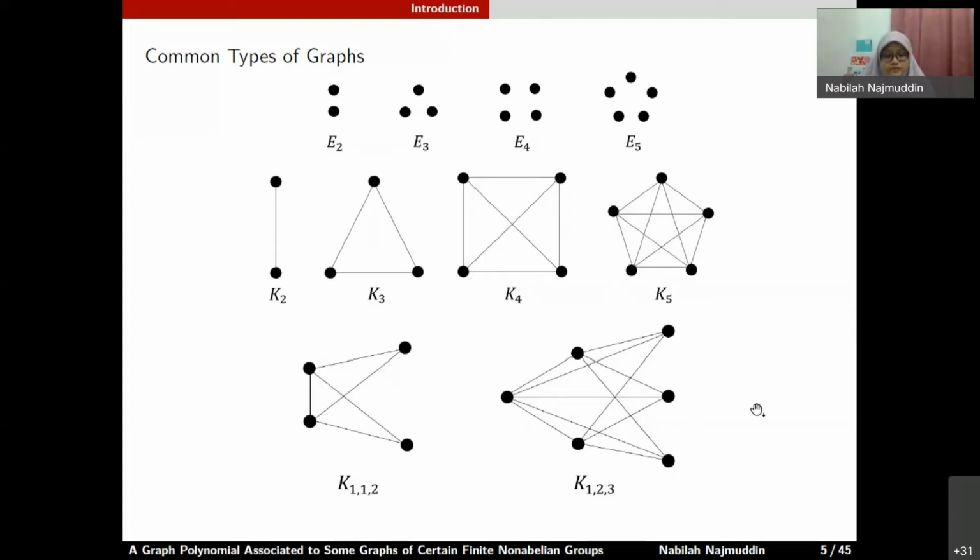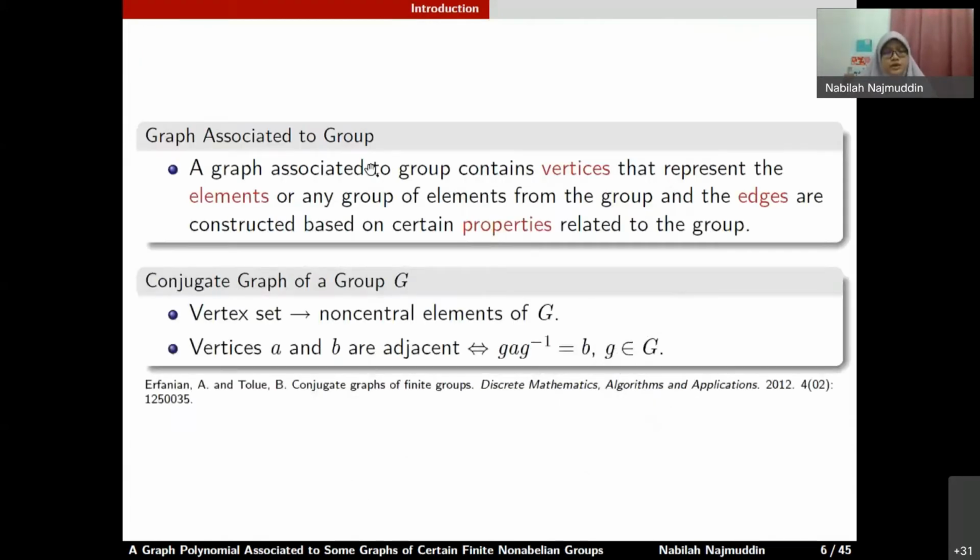In group theory, there have also been many studies on graphs, by associating them to groups. The graph also contains vertices and edges, but in group theory, the graph associated to a group has vertices that represent the elements, or any group of elements, maybe subgroups of the group, and the edges are incident with the vertices based on certain properties related to the group.